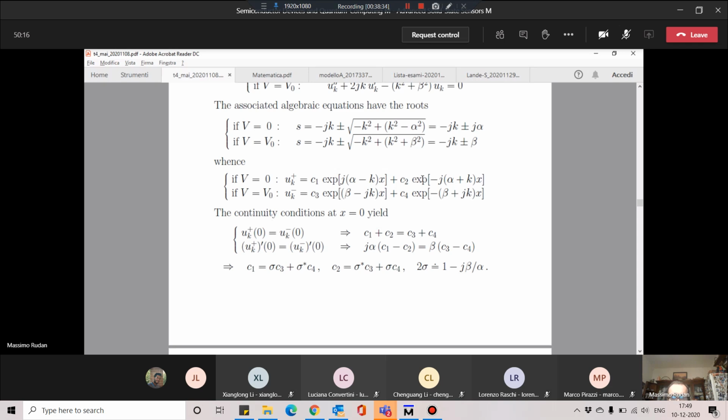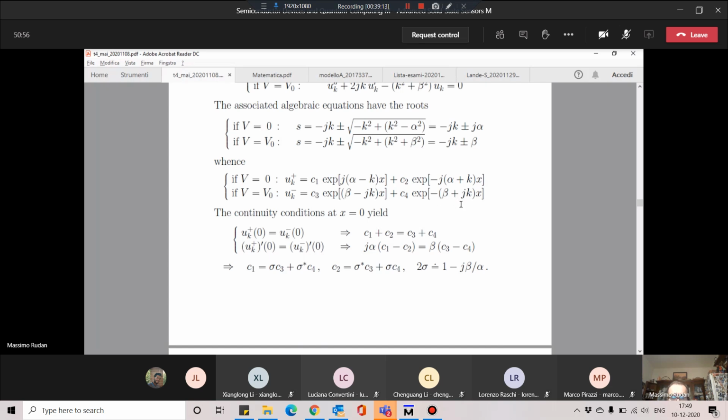And in the second term you multiply by minus j alpha minus jk. Then in the expression of U_K minus, if you take the derivative, you have a factor beta minus jk. And finally, you have a factor minus beta minus jk, okay?